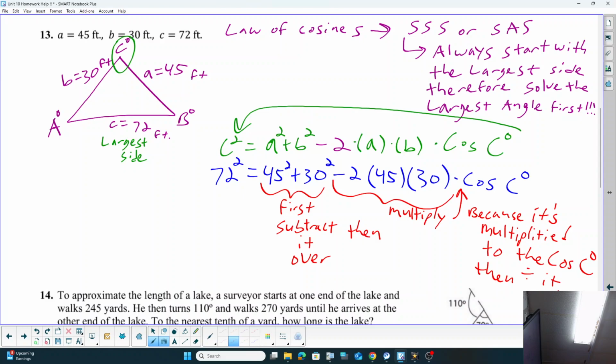And then after that, finally, you'll have to go ahead and inverse cosine to the other side. Okay, so that's how we're going to do it.